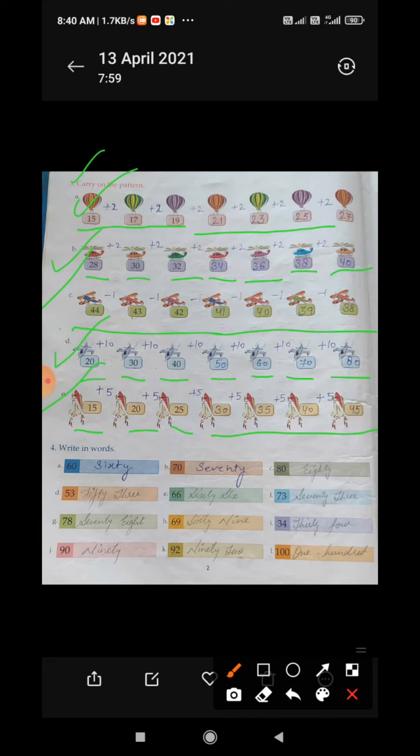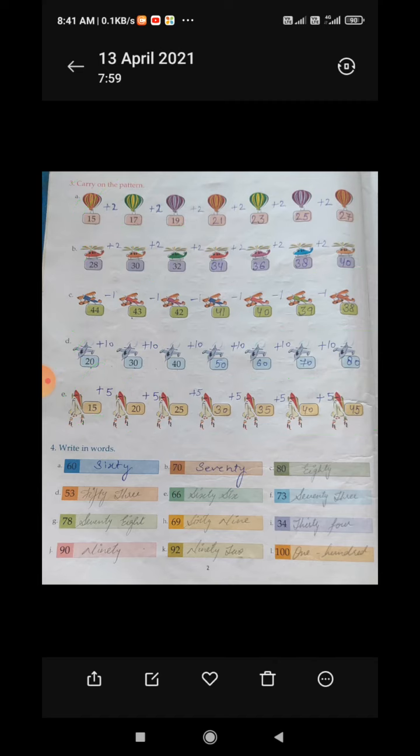Now question number 4, write in words. In A part, here you have to write number names, or you can say you have to write in words. A part is 60. Write the spelling of 60.